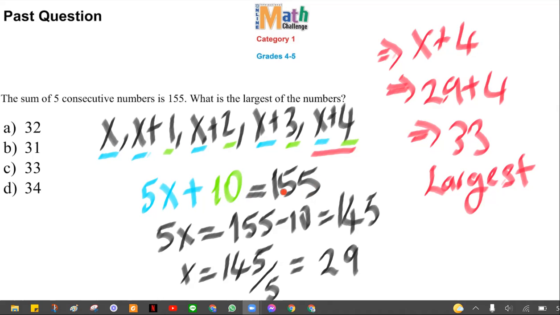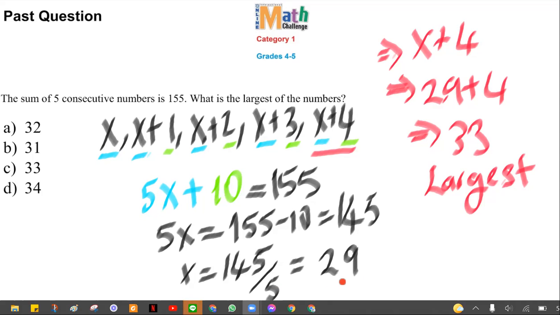If we take 10 to other side, 5x equals 155 minus 10, or we subtract 10 from both sides. So 5x equals 145. To get 1x, we divide both sides by 5. So x equals 145 over 5, which is 29.